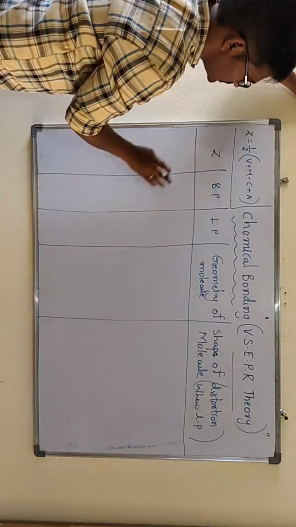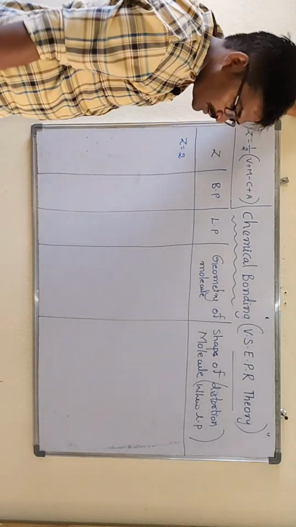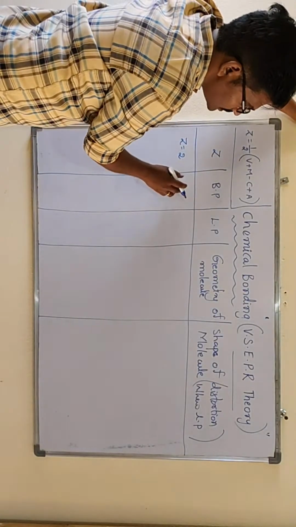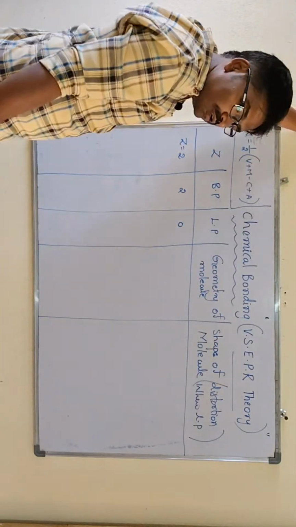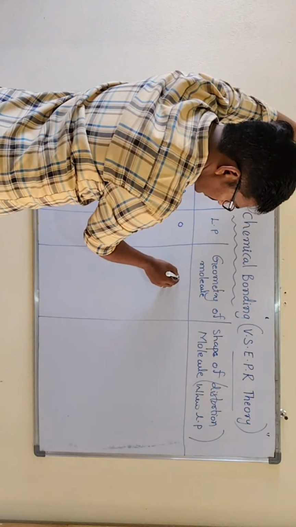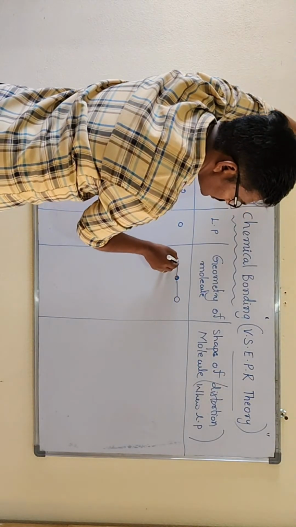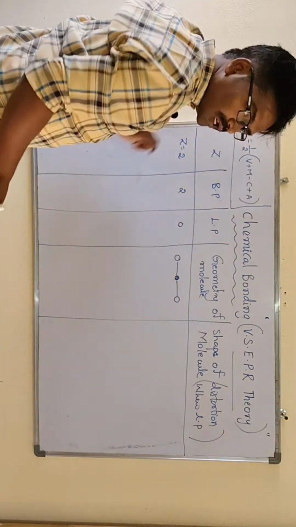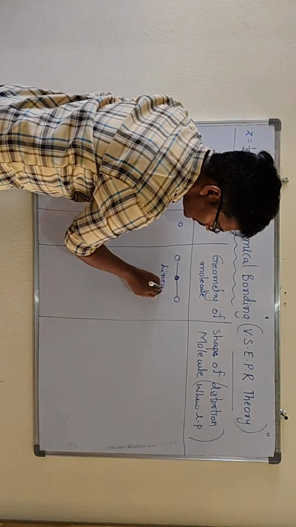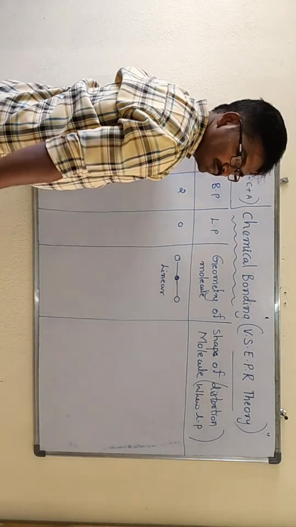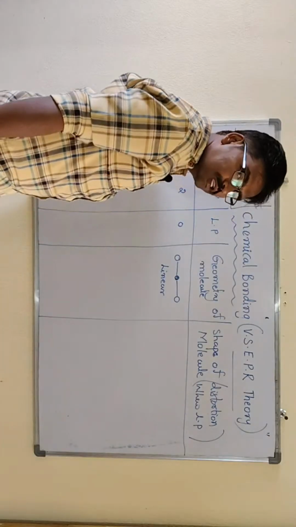Sir, in case Z value 2 is there, then bond pairs are 2, lone pairs are 0. The geometry of the molecule we have already seen: the central atom surrounded by 2 bond pairs. The geometry of the molecule is linear, and the shape of the molecule is also the same.